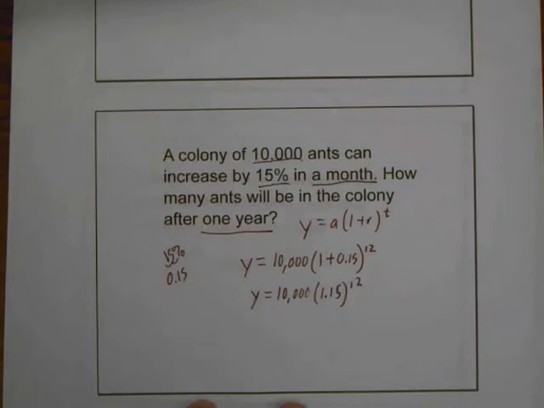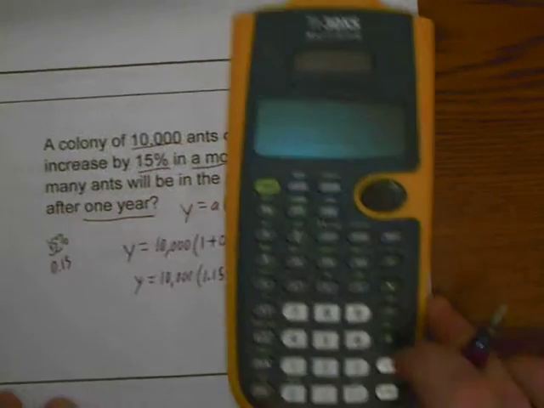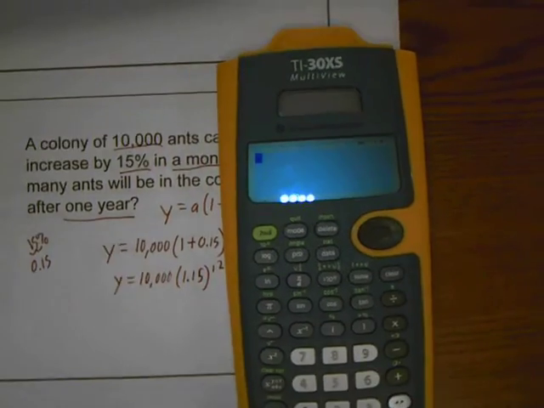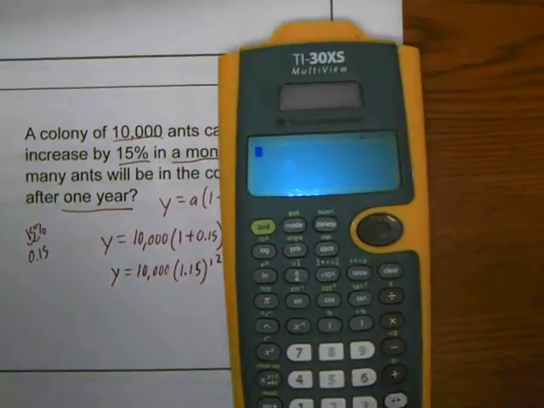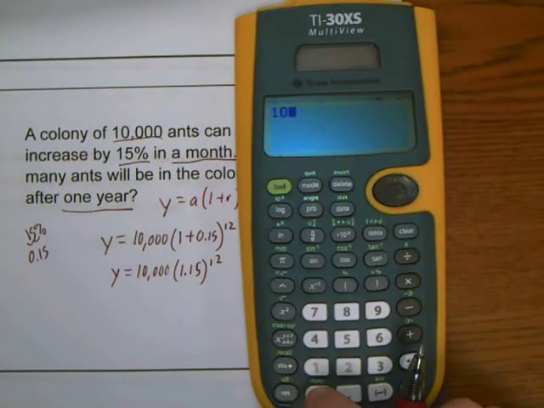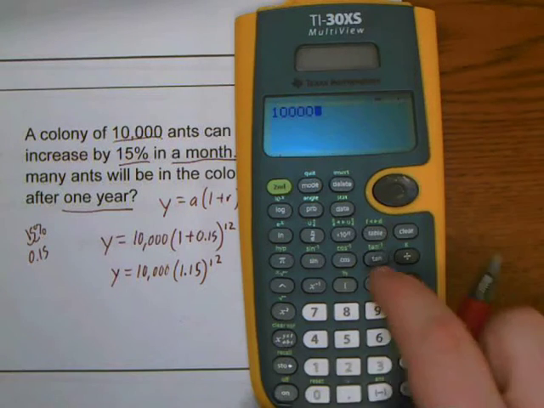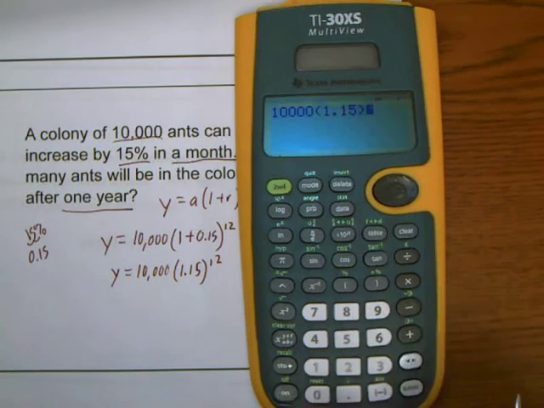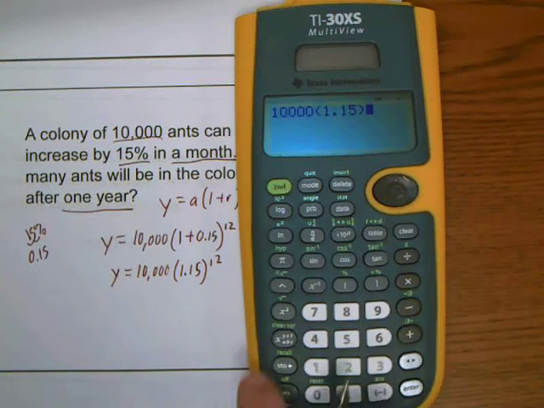And at this point, you're going to want to use your calculator. All right, so if we type into our calculator, we're going to type in 10,000 and then parentheses 1.15, and it's going to be the same whether you're using the blue calculators or the yellow calculators.